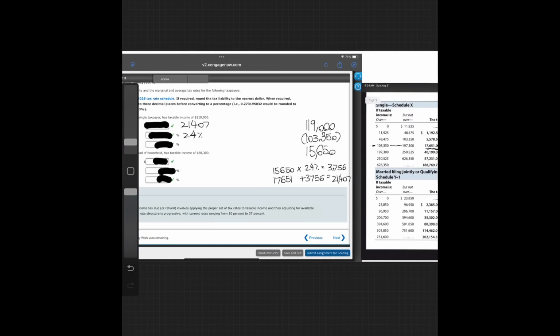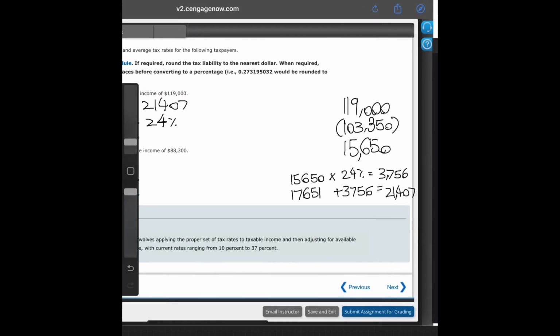And we have to find our average rate now. Your average rate is your total tax liability, and you put that over your taxable income.